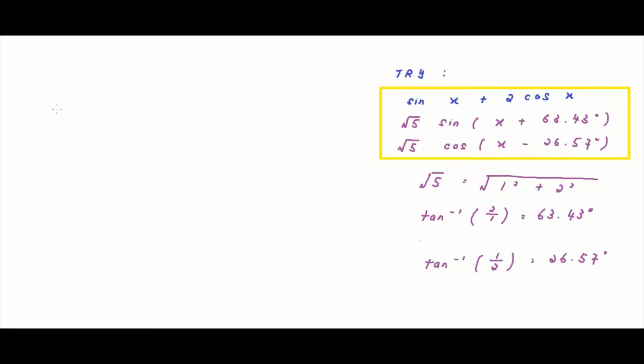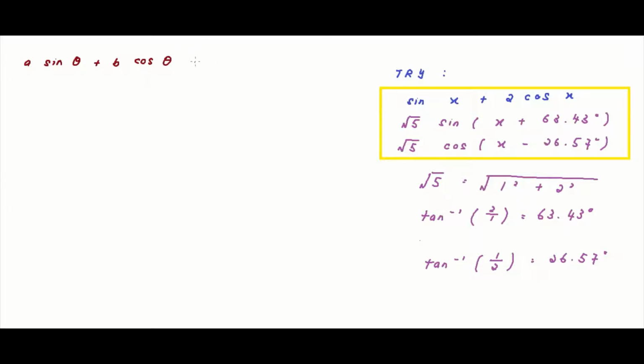So you need to understand the whole process so that you don't rely on memorizing the formula during your examination. Our idea here is to change a function a sine theta plus b cos theta. A can be any number, b can be any number, but it must be the same variable for the angle of the function.